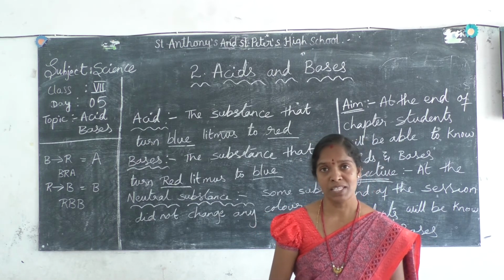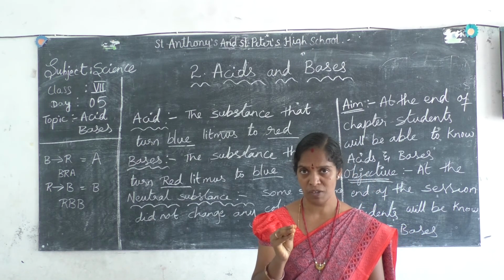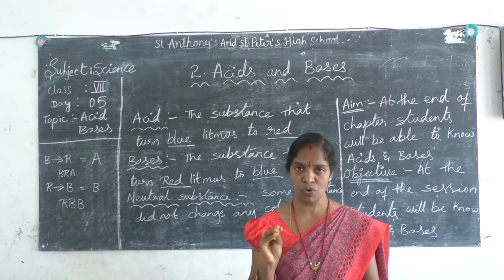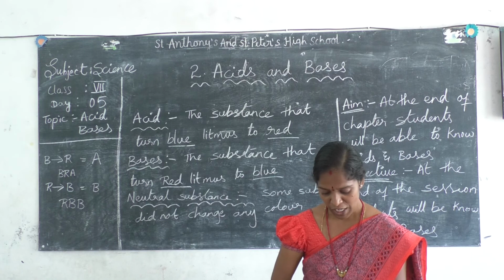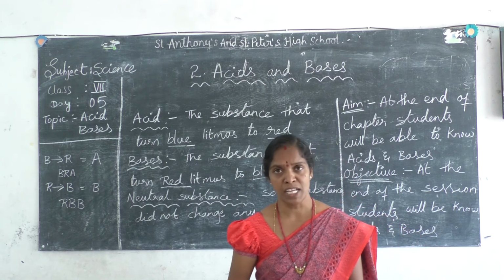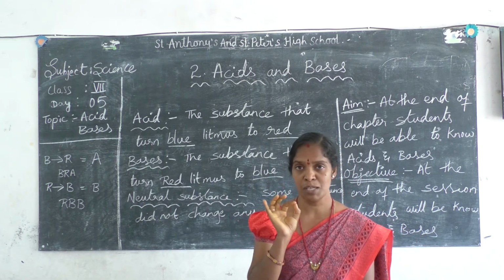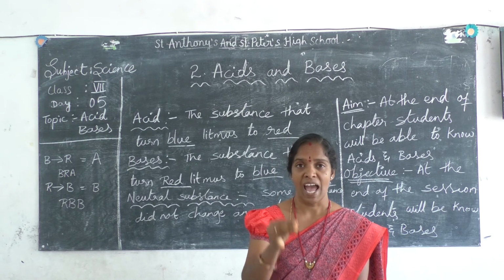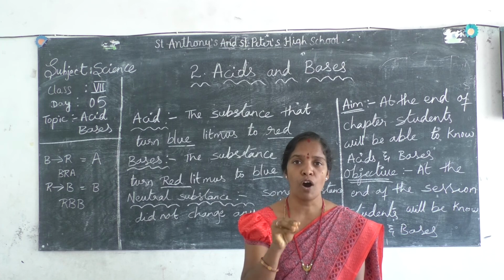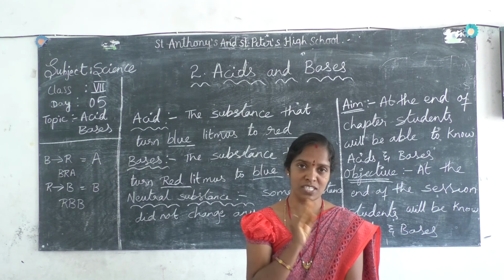Now basic substances are very soft to touch, smooth, so they are basic in nature. One more point: if an ant bites us, why is it painful? Because the ant releases formic acid into our skin.